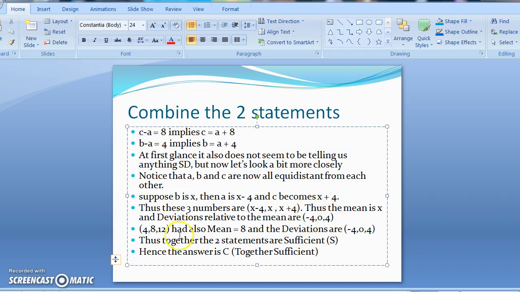The original set that we had, 4, 8, 12, also had the same deviations. Both have the same number of elements. And at this point, even without calculating the SD, we can conclude that the two standard deviations are the same. Hence, together the two statements are sufficient. Answer is C. Hope that's clear.